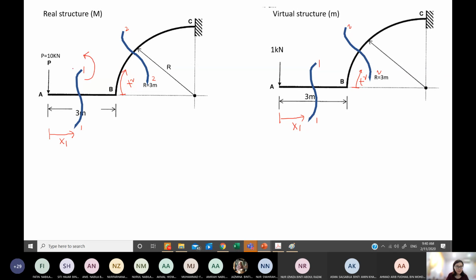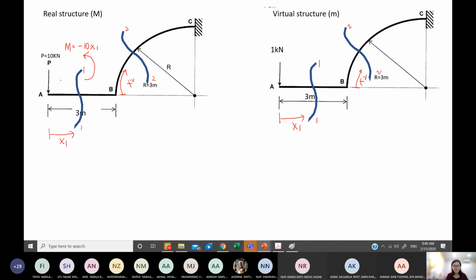I'm going to consider the left part, and my moment M1 here will be equal to, I only have to deal with this 10 kilonewton in this left part, so I just put 10 times the distance x1. Since this 10 kilonewton acts in the same direction as my internal moment M, it is negative. Done.